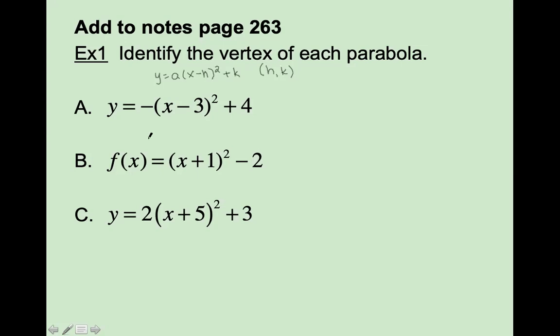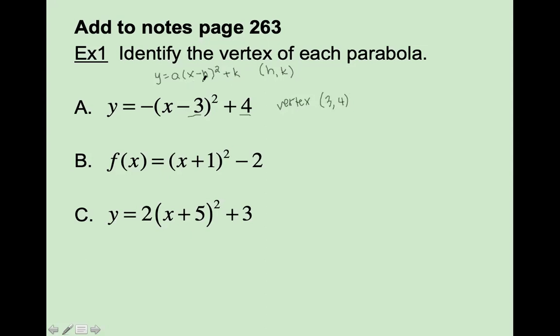All right, so let's look at this first one. Right, notice we don't care about this. We're only concerned with this number and this number. So our vertex in this case is (3, 4). All right, super easy to find the vertex in vertex form. We didn't have to do any division or substitution.